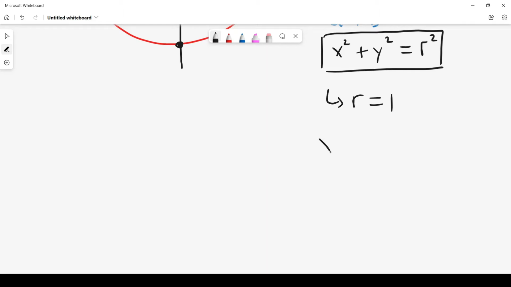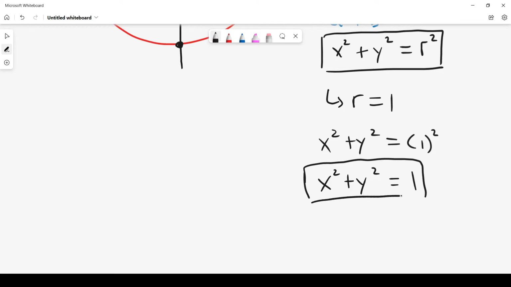If that's the case, then x squared plus y squared is equal to 1 squared, and we all know that 1 squared is just equal to 1. So now we have an equation that's a little simpler to think about: x squared plus y squared is equal to 1.